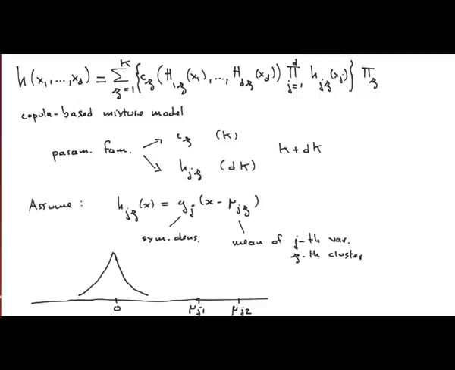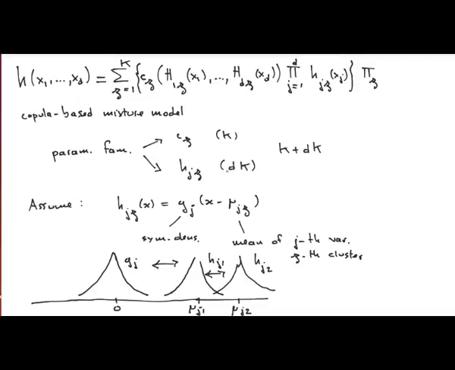Now, what this equation means is that if I want to obtain HJ1, I need to shift GJ so that it is centered around mu J1. So perhaps I have something like this. And exactly the same applies for HJ2. All these densities are identical up to a shift.